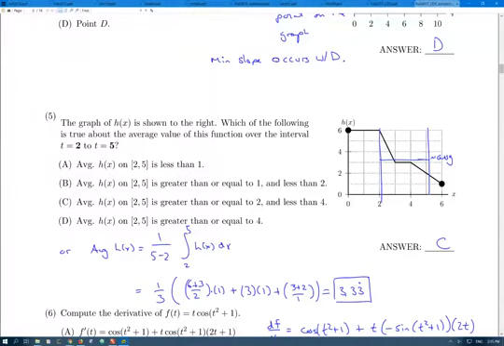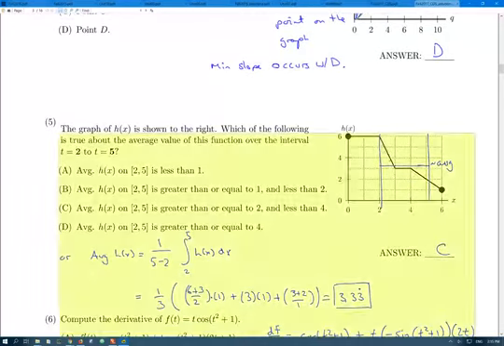Was it the computation? This question could be done both graphically by focusing in on the interval from 2 to 5 and just looking at the graph, or it could be done by doing the brute force integral, but remembering how you can calculate the integrals as areas under the graph.